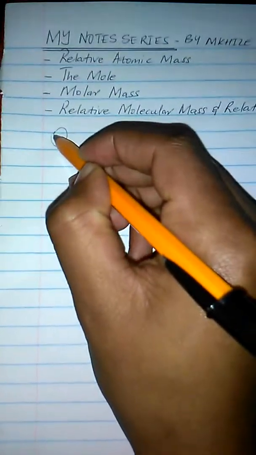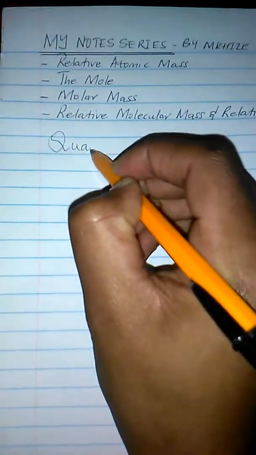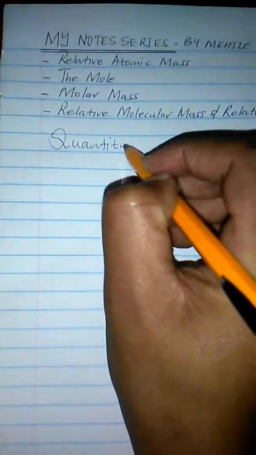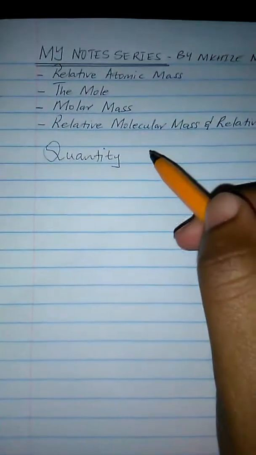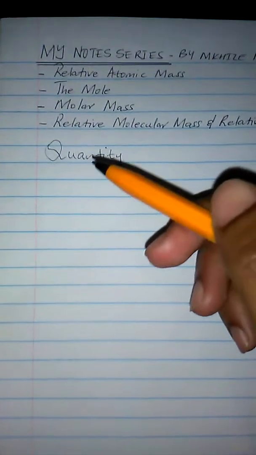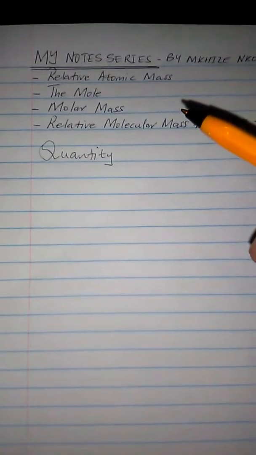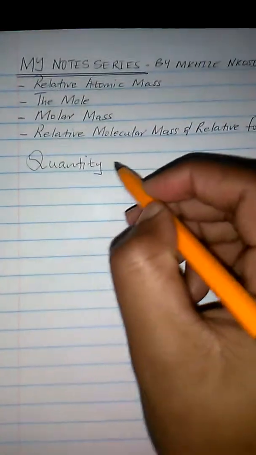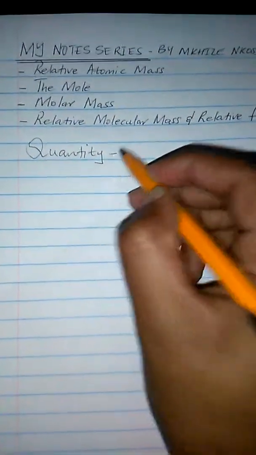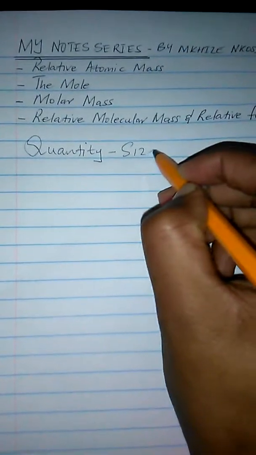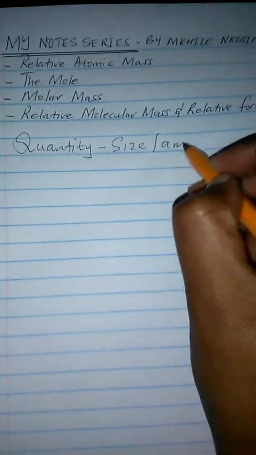So they were more concerned about the quantity, because when one is performing a reaction, they should also be aware of how much to expect when the reaction is done.